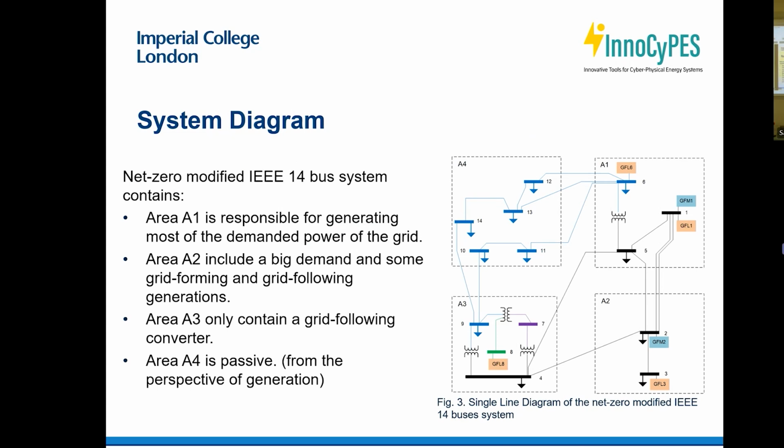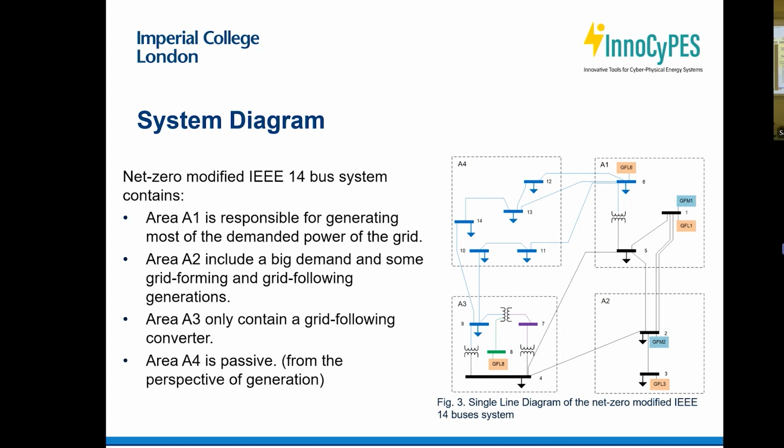This is the system diagram of the InnoCyPES Net Zero test system. It's a modified IEEE 14 bus system. Synchronous generators and conventional power plants have been replaced with grid forming and grid following resources. Different colors in this diagram represent different voltage levels. The grid is divided into 4 areas. Area 1 has 1 grid forming and 2 grid following resources, and it is responsible for most of the generation of the grid.